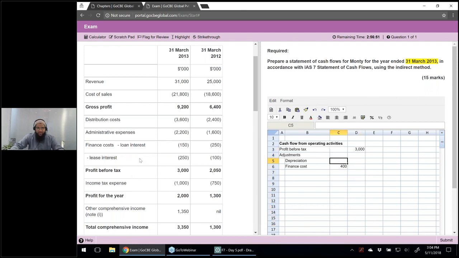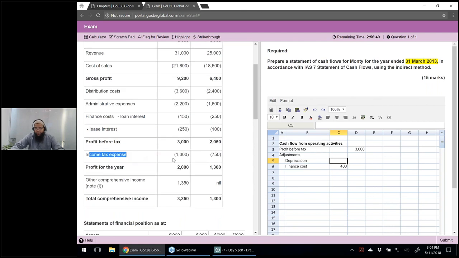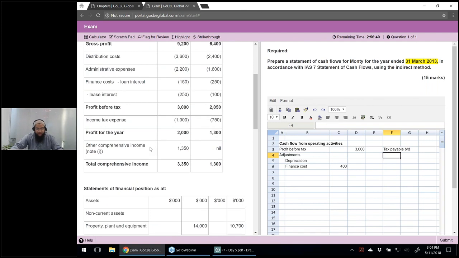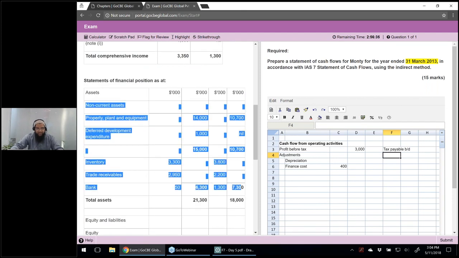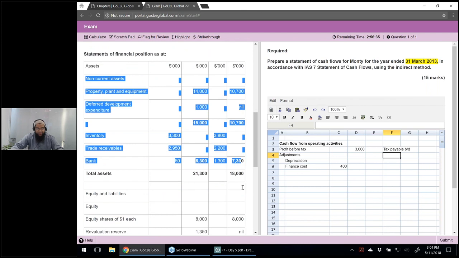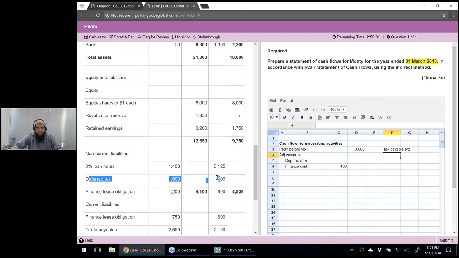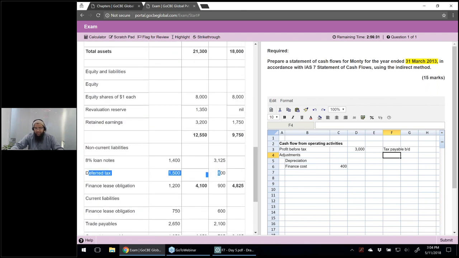Now the question has given us income tax expense of 1000. What do we do with the income tax expense? We prepare a tax payable account. Let's go and check where the tax payable is given. Nothing in non-current assets, nothing in current assets. We have deferred tax liability in the non-current liabilities, and we have current tax payable in the current liabilities.